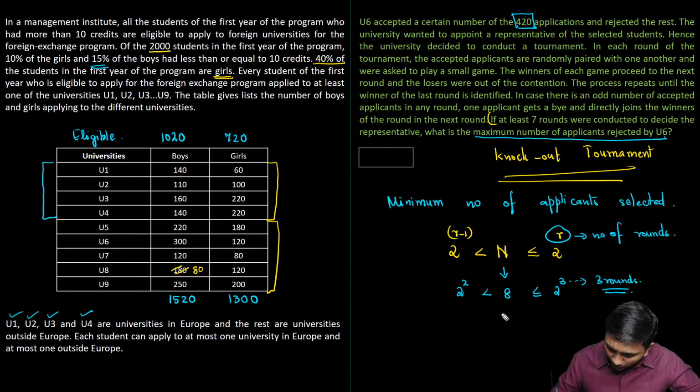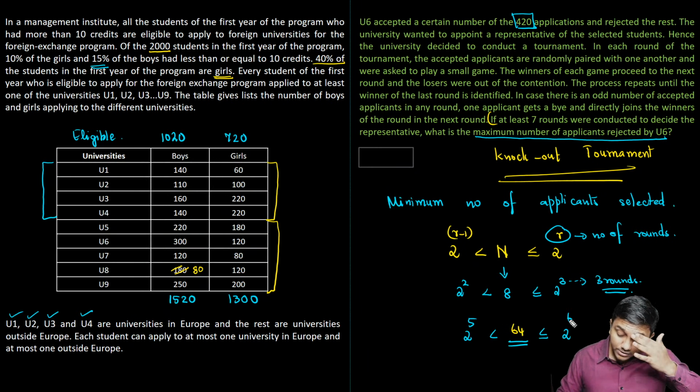If I am allowed only 6 rounds, I'm looking at the maximum possible number here. So what is the maximum possible number here? It can be equal to 2 to the power 6, right? Which is 64. So for 6 rounds, the maximum number of people I can have is 64.